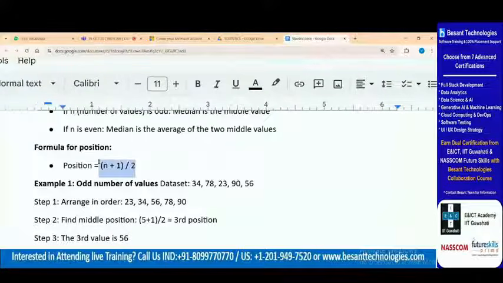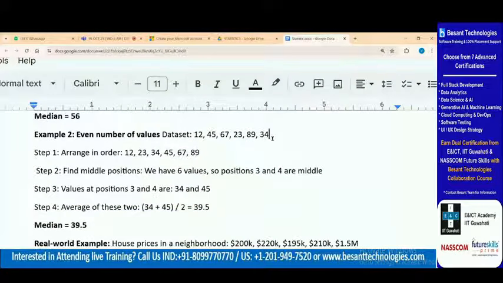By this formula also, you can calculate. If it is a data set of 20 or 30 or 100, or consider you have a 1 lakh data set, you cannot go and find the middle element by hand. That is impossible, no? So in that case, you can just apply this formula and use it.